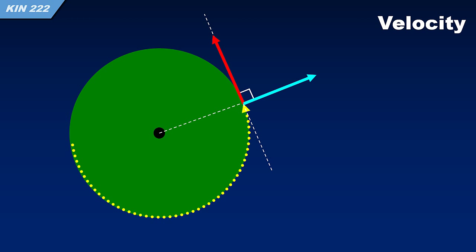The one that's pointing from the radius out would be that blue one, and the one that's 90 degrees to that, or perpendicular to that, would be the red one. And we'll give those axes names. The one that's parallel to the radius, we'll call the radial axis. That makes sense. And the axis that's perpendicular to that, we'll call the tangential axis.